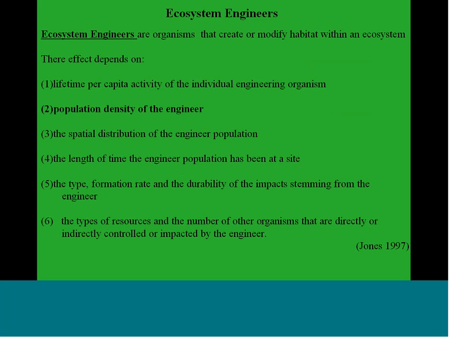Their effect depends on the lifetime per capita activity of the individual engineering organism, the population density of the engineer, which we're going to come back to later and is going to be really important in the context of this talk, the spatial distribution of the engineer population, the length of time the engineer population has been at a site, the type, formation rate, and durability of the impact stemming from the engineer, and the types of resources and the number of other organisms that are directly or indirectly controlled or impacted by the engineer.